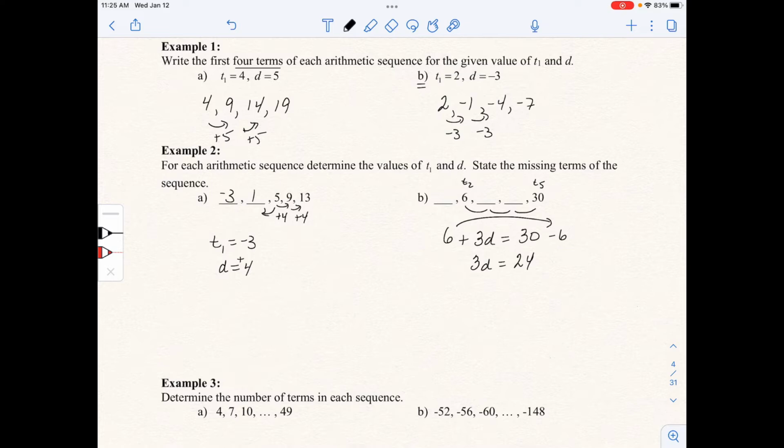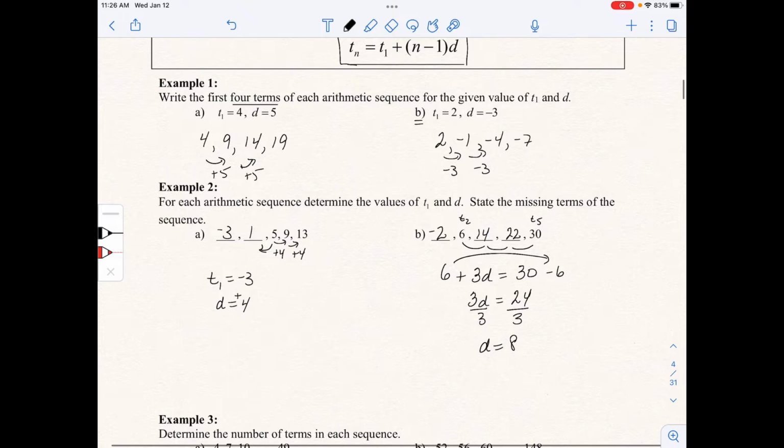We subtract 6 and divide by 3, the common difference here is going to be 8. Right, so 6 plus 8 would be 14, plus 8 is 22, plus 8 is 30. And this one, of course, would be a -2 if we go in the other direction.